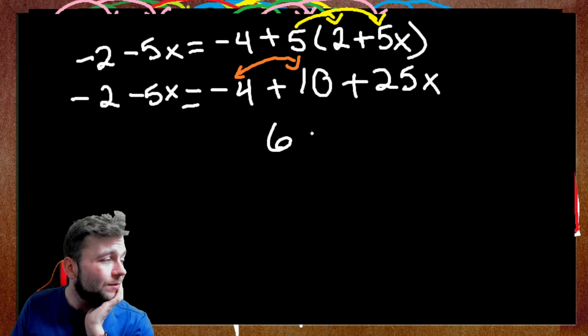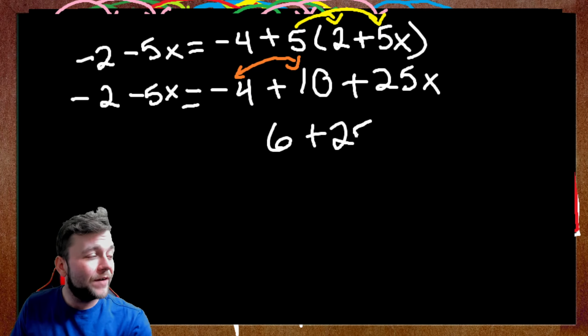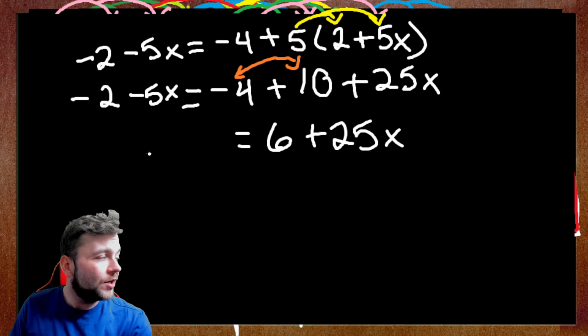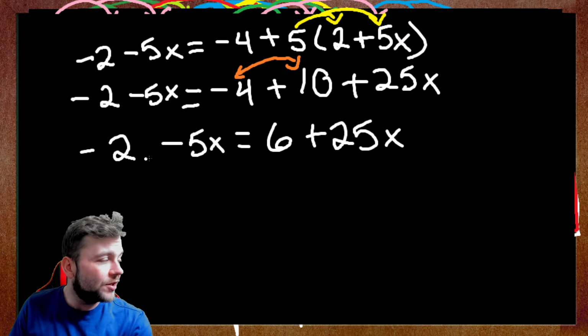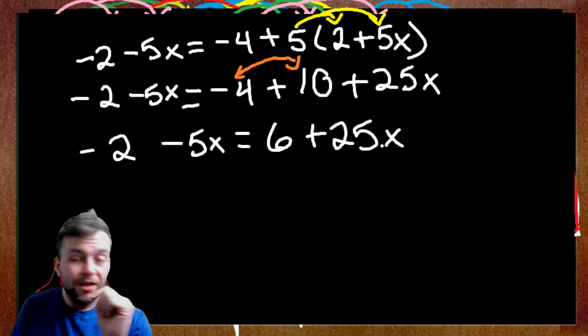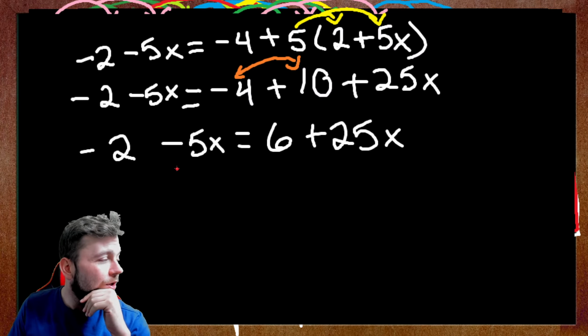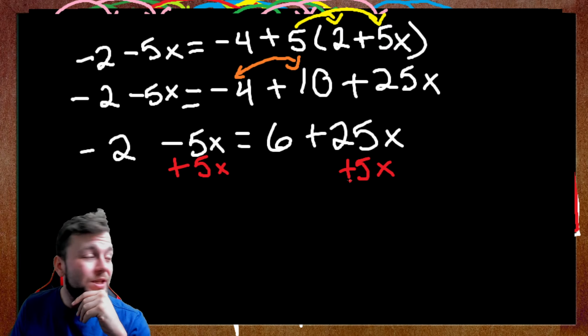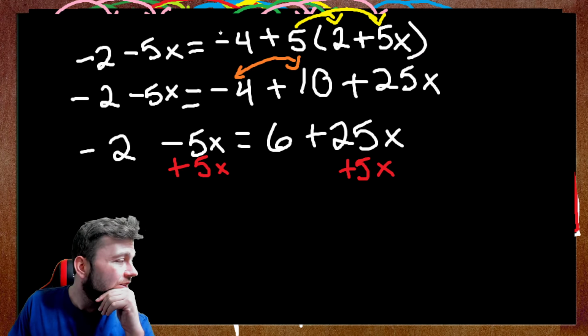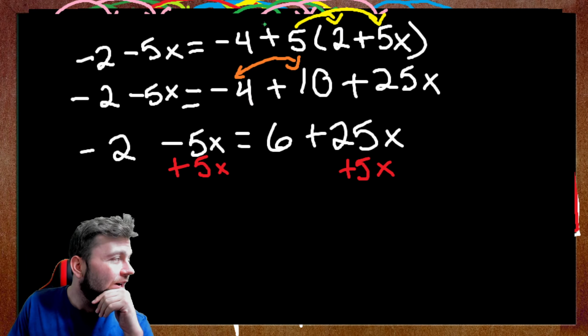So 6 plus 25x equals minus 5x and the minus 2. Let's keep our variable positive, so we're going to add 5x to both sides. What happens to your 5x on the left?